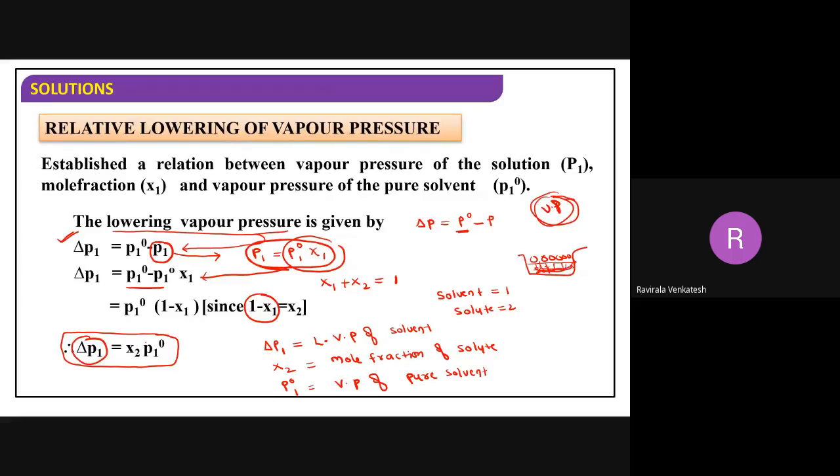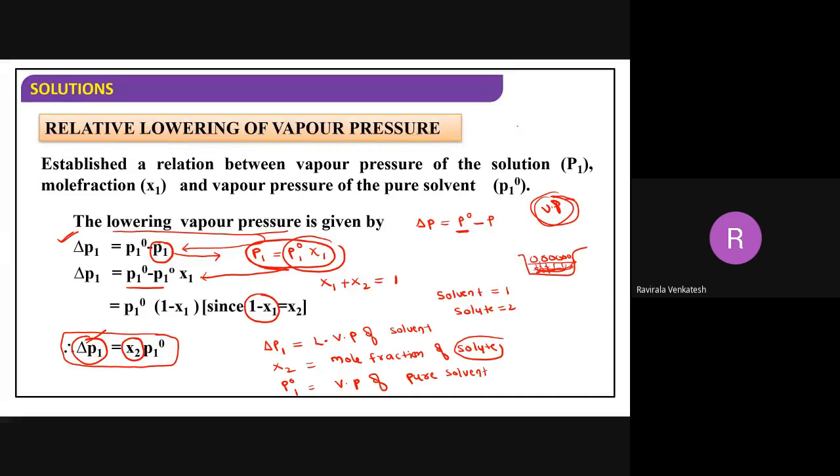Observe this: the lowering of vapor pressure is directly proportional to X2, the mole fraction of solute, that is, the amount of solute. When I add more solute to the solvent, the lowering of vapor pressure will also be more. That means more vapor pressure will be decreased on the solvent side.